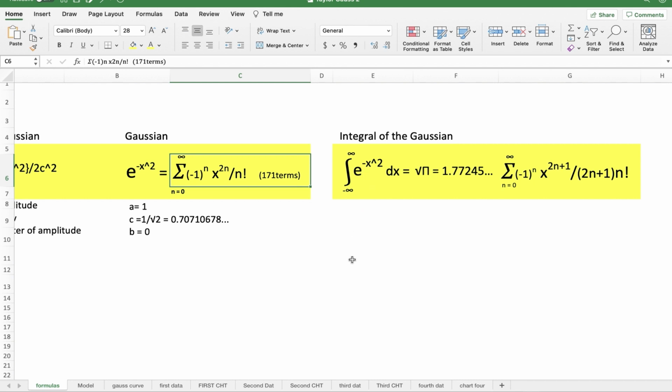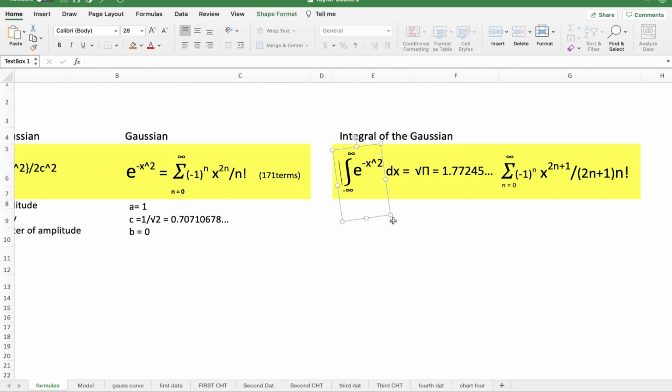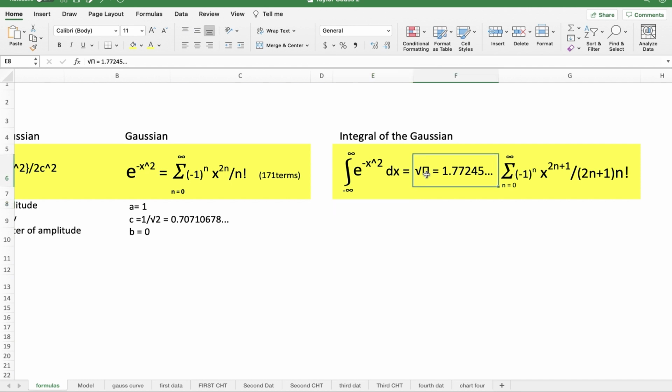You break it up into two integrals of the same, where you have e to the minus x squared multiplied by the integral of e to the minus y squared, and so you have x squared plus y squared. You can use polar coordinates, solve that integral, and then take the square root. And what you end up with when you solve this integral is the square root of pi.